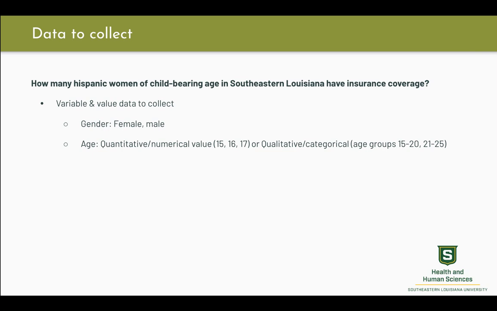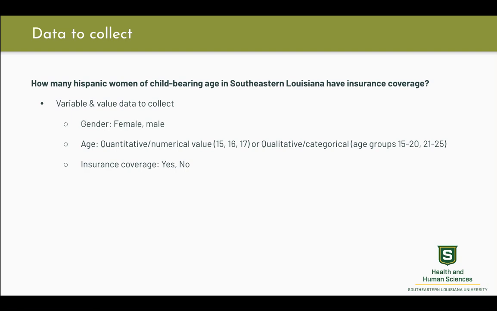Or I could collect the information as categorical, grouping people into age groups. So everybody who is 15 to 20 becomes one age group, and anybody who is 21 to 25 becomes another age group. So there are different ways I can collect age-related data.